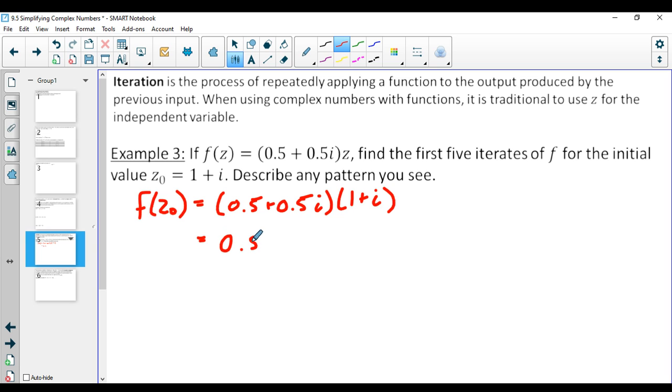So 0.5, and then we're going to get a 0.5i and a 0.5i, which together is just i, and then a 0.5i squared. And i squared is really just going to make that negative, right? So really just a minus 0.5. So positive 0.5 and minus 0.5 are going to cancel, and we just get i.